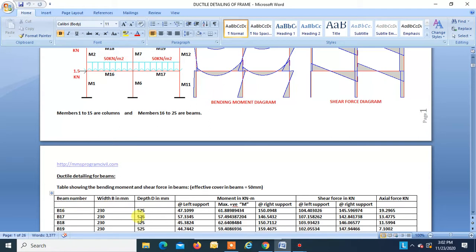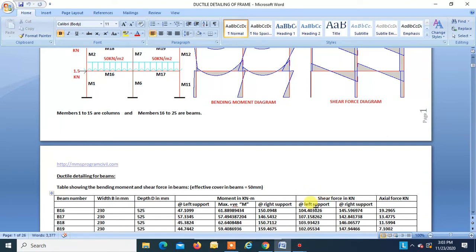For member number 16, this is the moment at left, a hogging moment, so the tension will be at top, that is 47.1. Then the maximum positive moment near the midspan is 61.88, and the support moment at the right support, again a hogging moment, is 150.09.